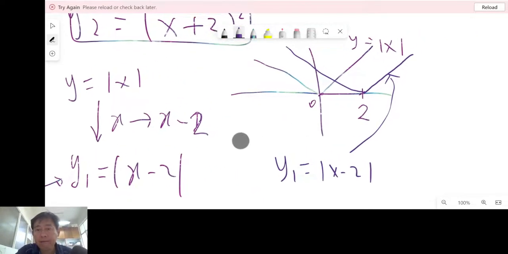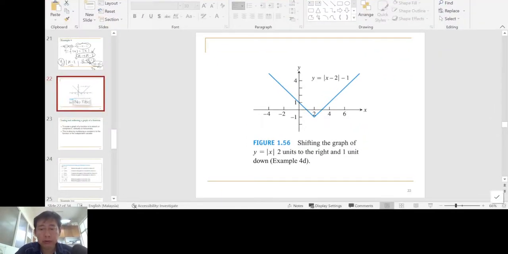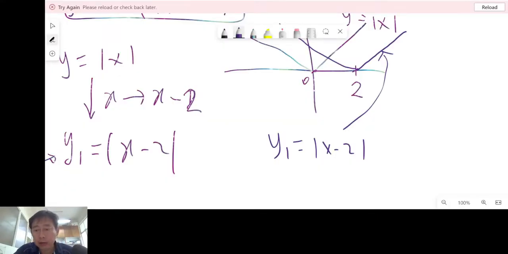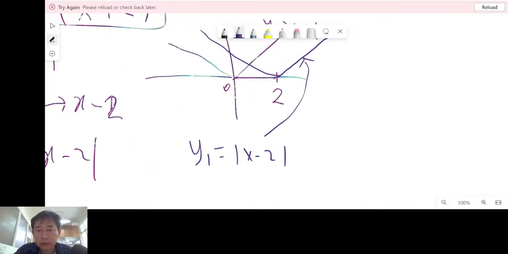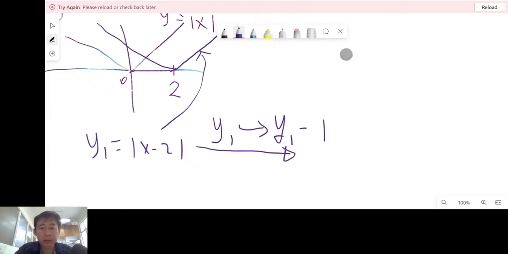So now we have y1. Then according to the question, we have to perform one more procedure of replacing y1 by subtracting 1 from it. So here we are going to carry out another operation. This is how I express my operation: all the values of y1 in the function are to be replaced by y1 minus 1. Now in this situation, what do you get?